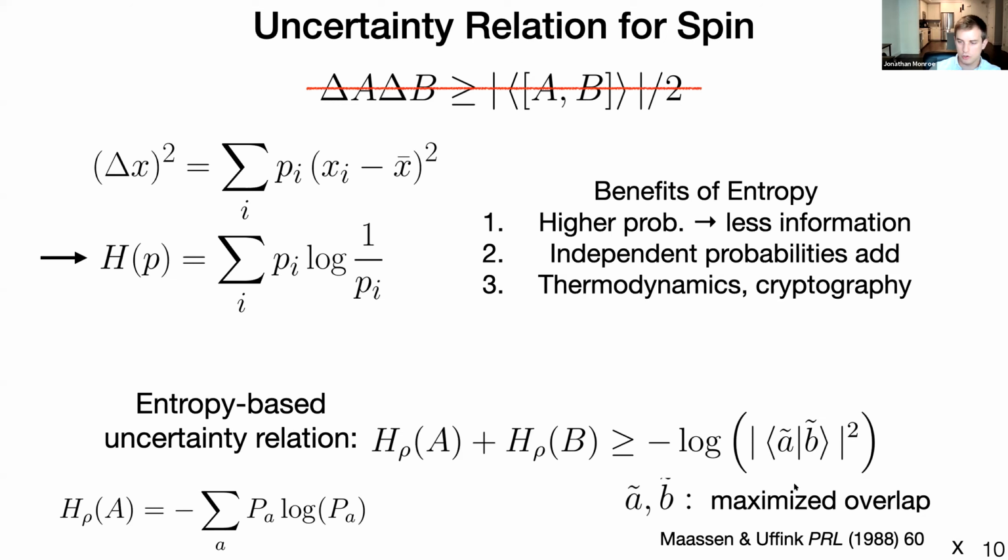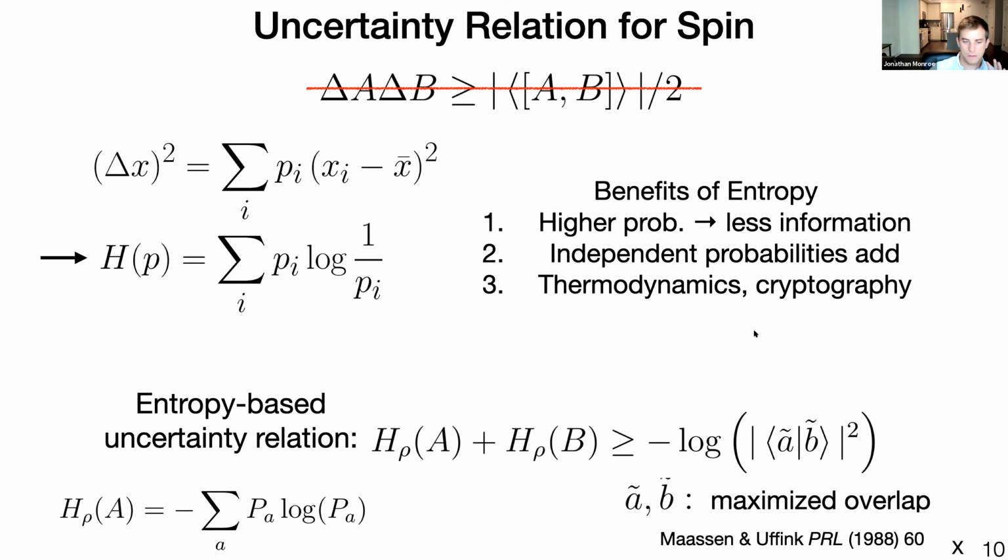You'll notice that this bound does not depend on the state of the system, unlike the original relation, which depended on the state through this expectation value. And so we get state-independent bounds for the uncertainty. And so the first issue that I raised about sigma z, sigma x eigenstates having a zero bound doesn't apply here.